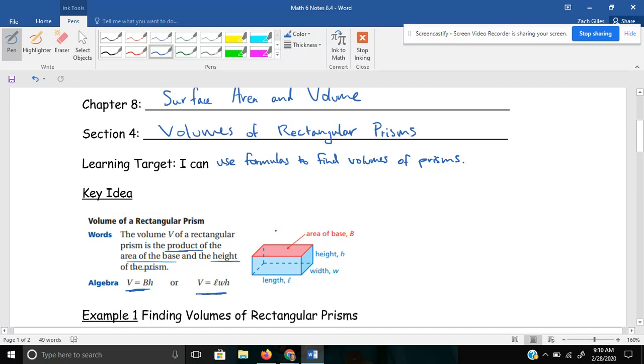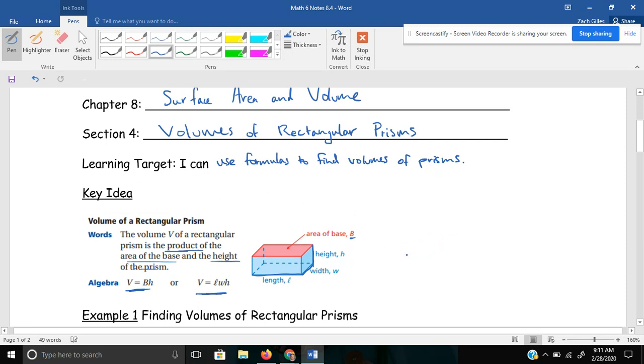In this depiction, they have the area of the base, which they call big B, times the height. That is the same thing as length times width times height. And one thing we have to remember is we are multiplying 3 things now: length, width, and height.